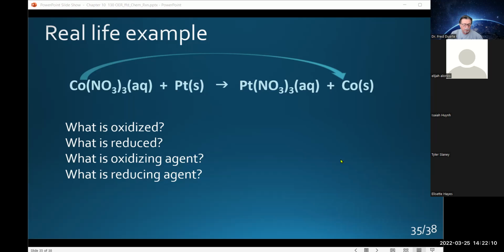Now, how do we know that's the case? Well, let's break it down. Okay, we know that every nitrate has a -1 charge, right? Every nitrate has a -1 charge. So we've got 3 nitrates bonded around the cobalt.